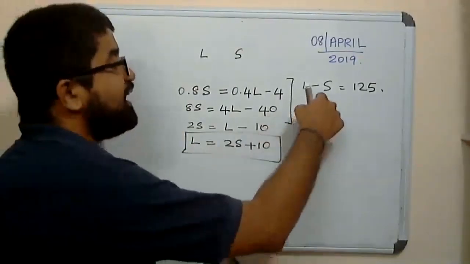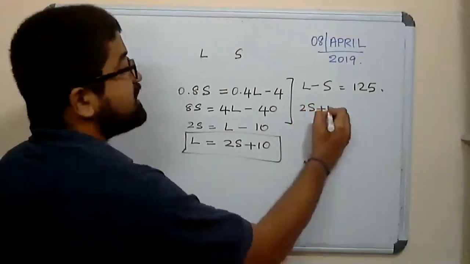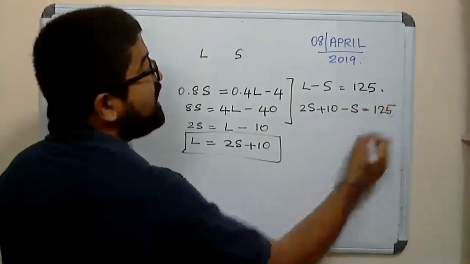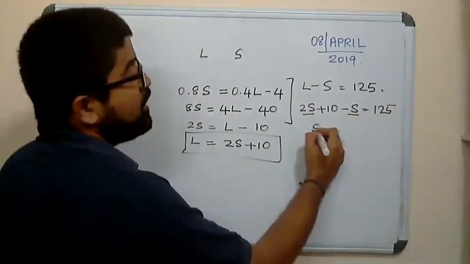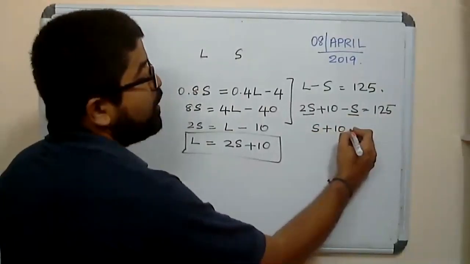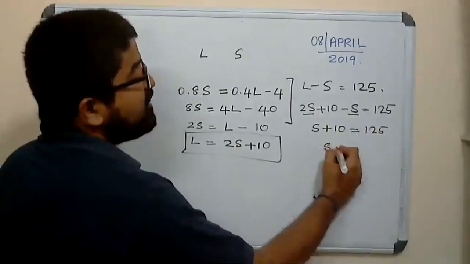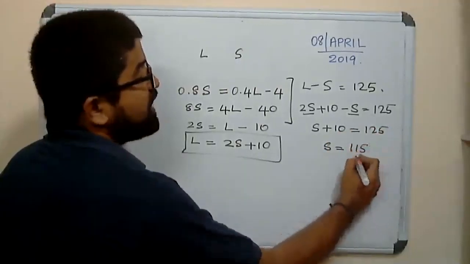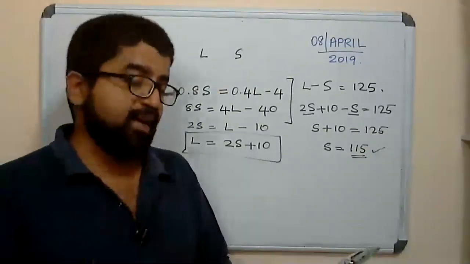Substitute the value for L in this equation. I will get 2S plus 10 minus S, that comes to 125. From this, 2S minus S is S, plus 10. This value comes to 125. Solving which, I will get the value for S as 125 minus 10. That comes to 115. And this is the value associated with the smaller number.